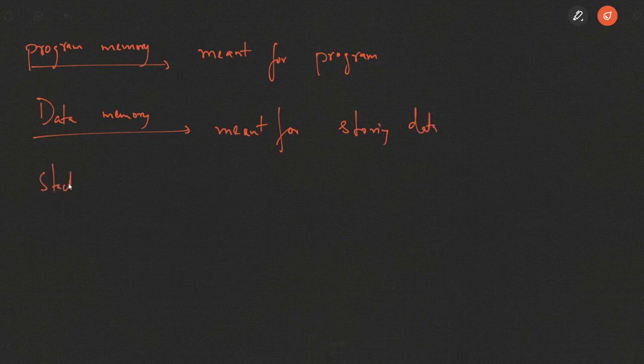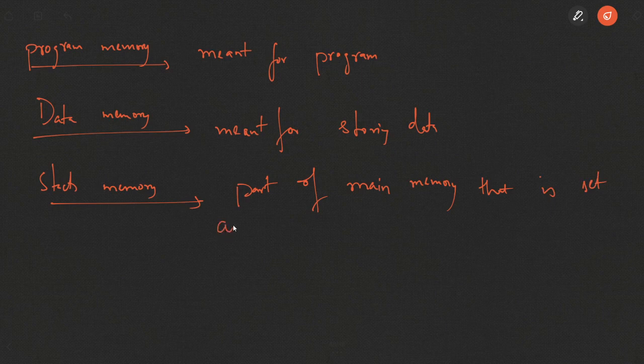And you have the stack memory. These are the three memories associated with the 8085. It is part of the main memory that is set aside by the programmer for use in a particular fashion.